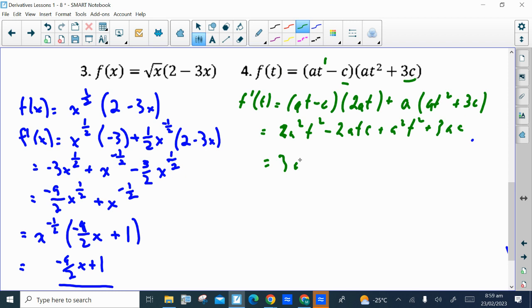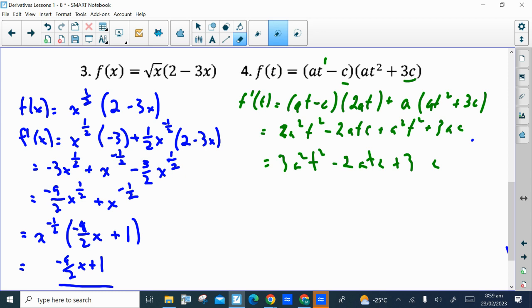That'll give us 3a squared t squared minus 2atc plus 3ac. So there is our derivative.